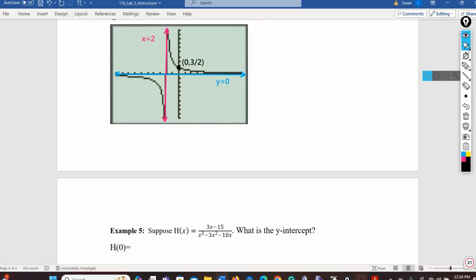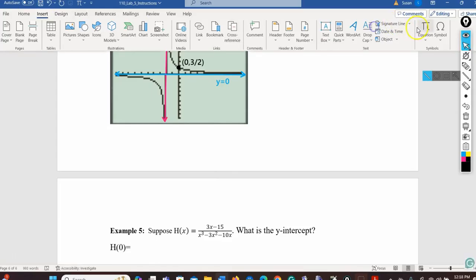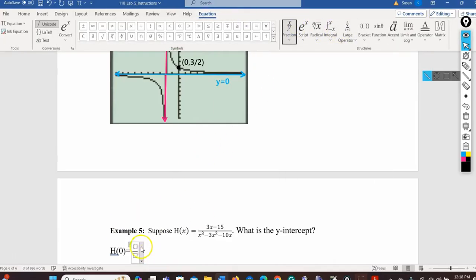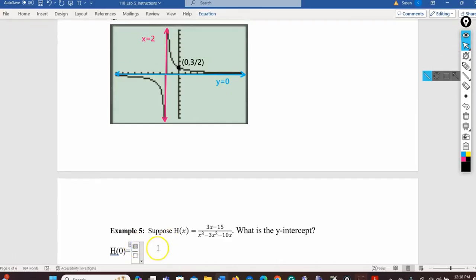It's going to be equal to, well, in the top we would have 3 times 0 minus 15, and in the bottom we'd have 0 cubed minus 3 times 0 squared minus 10 times 0.